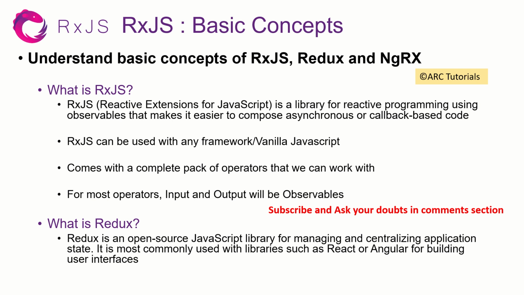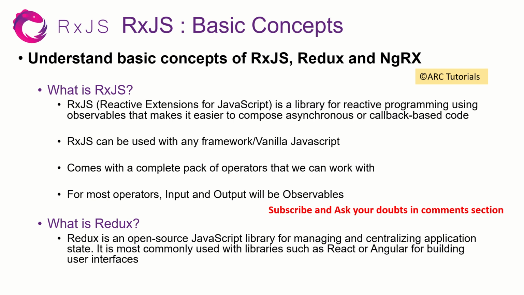What is Redux now? Redux is an open source JavaScript library for managing and centralizing application state. So what happened when the modern JavaScript frameworks came into the picture? Then there came a concept called state management. Now what is state management? State management means you don't have to make an API call every time.